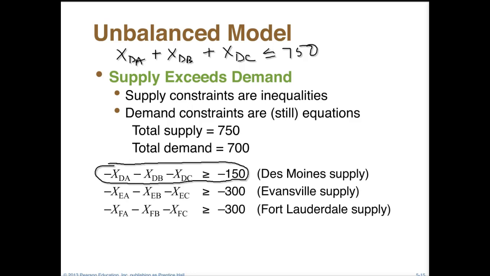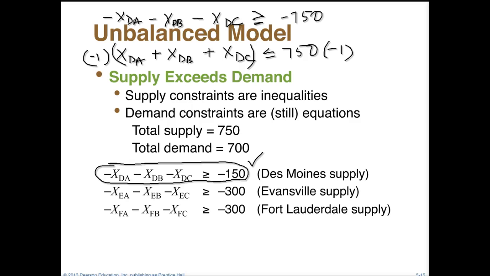Now, if we multiply both sides of this inequality by -1, then you're going to notice that all of our terms end up being negative instead of positive. But what also happens is, since we're multiplying by a -1, we have to flip the sign. And so that's why you see everything written in terms of greater than when it's negative.